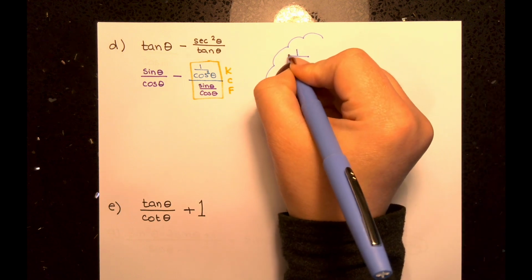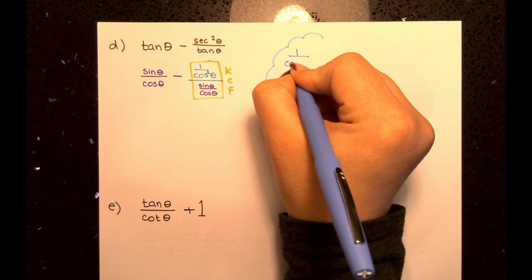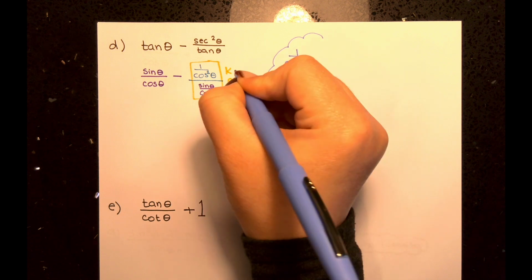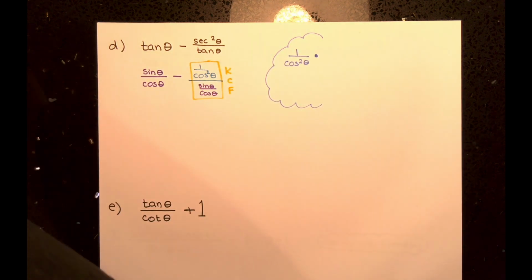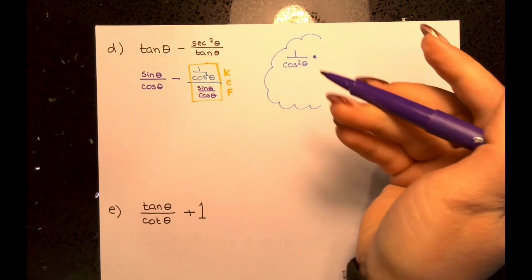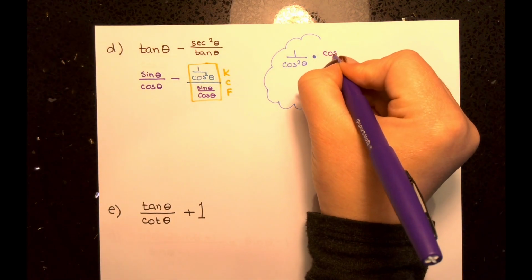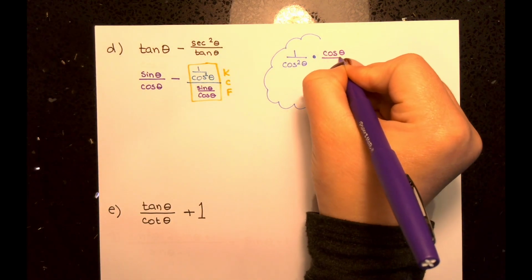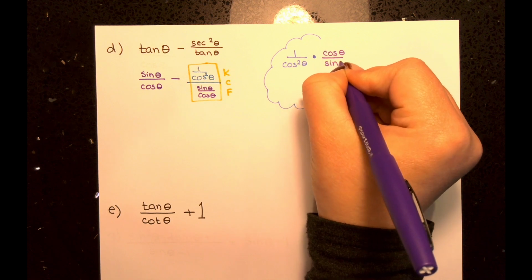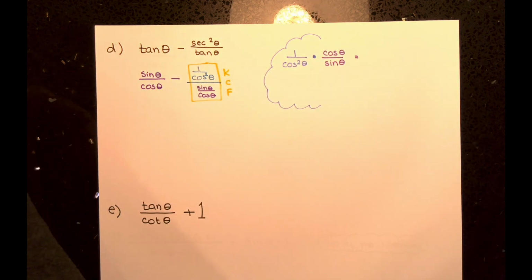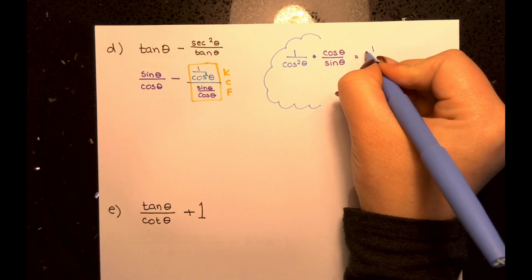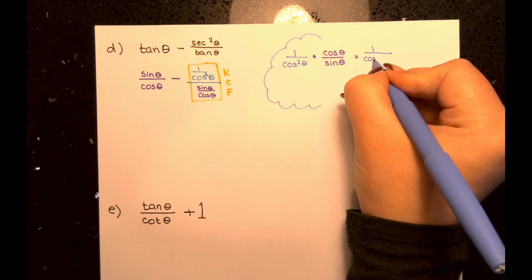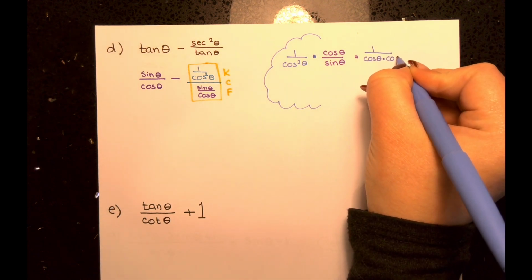1 over cosine squared of theta. Keep, change, flip. So you have cosine of theta over sine of theta. So I'm going to split this up a little bit further. Because I have a cosine squared of theta, that is cosine times cosine.